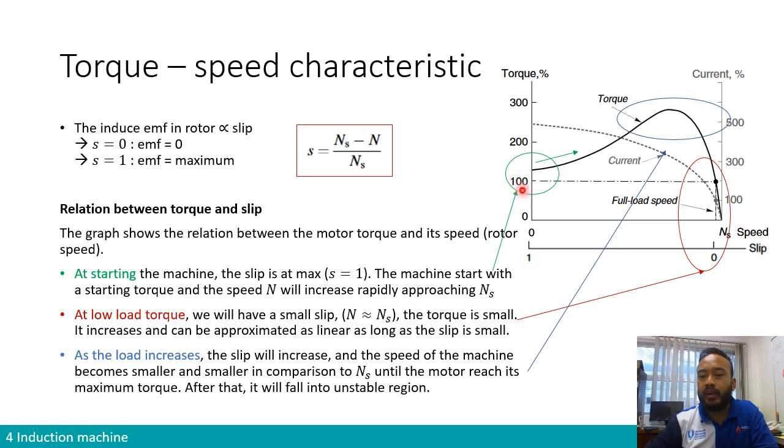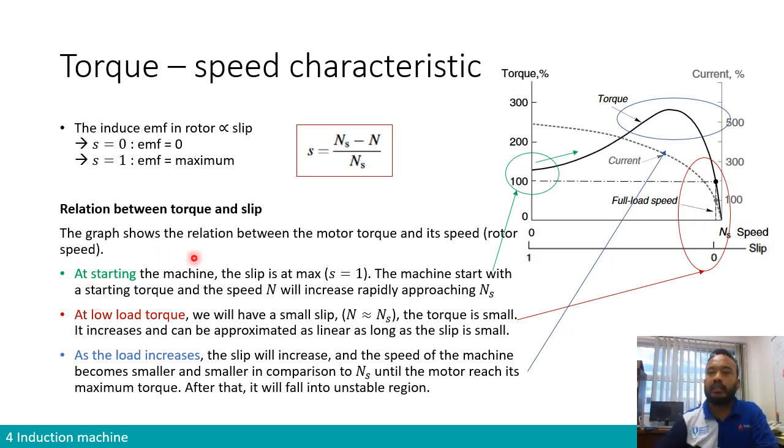When you look at 100 over here, 100 represents 100% of the torque of the machine when it is at full load, meaning you put the load on. 100% represents the torque when it's driving the load. Therefore, there will also be the current when it is driving that particular load. So it is normalized to that percentage with regard to the load.